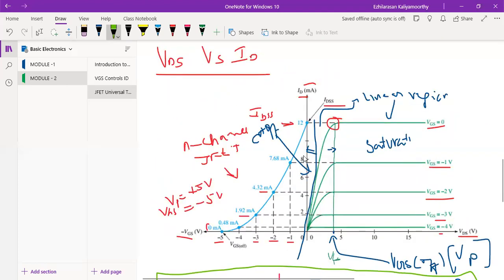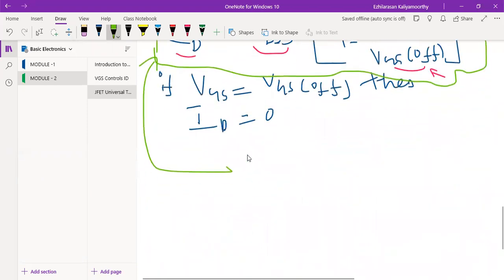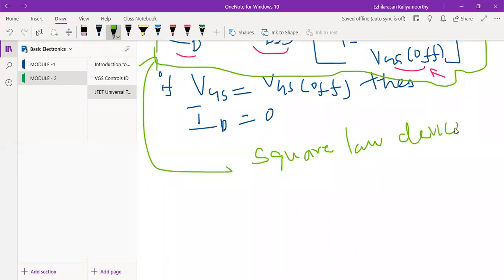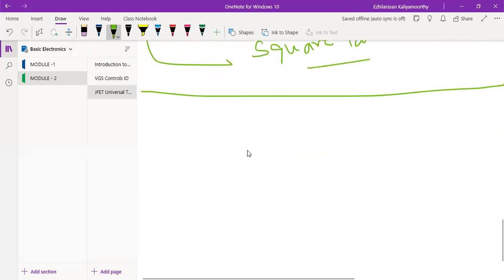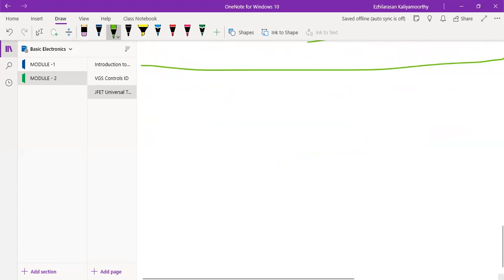So that is why normally we term these square law devices. Sometimes in examinations they may ask about square law devices. So now let us do a simple numerical on this.